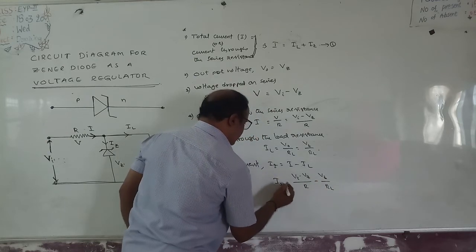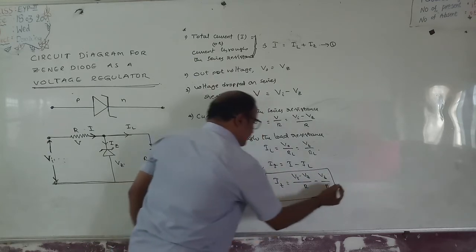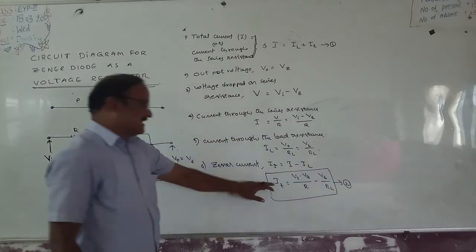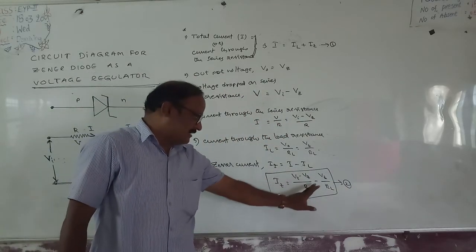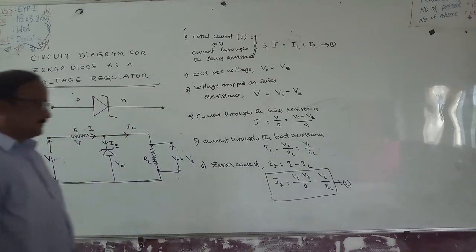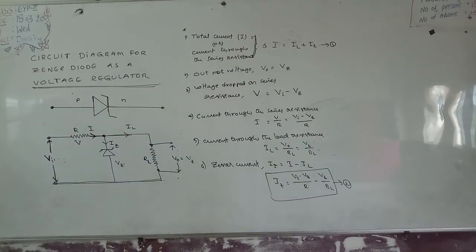So this is the formula for the Zener current. Keep it in memory: Iz is equal to Vi minus Vz by R, minus Vz by RL. Do you understand? Problems on the Zener diode are very easy. This is the circuit diagram corresponding to the Zener diode acting as a voltage regulator.